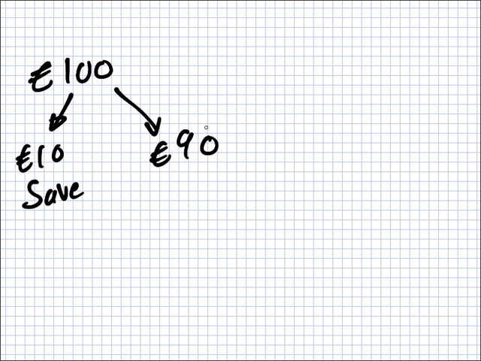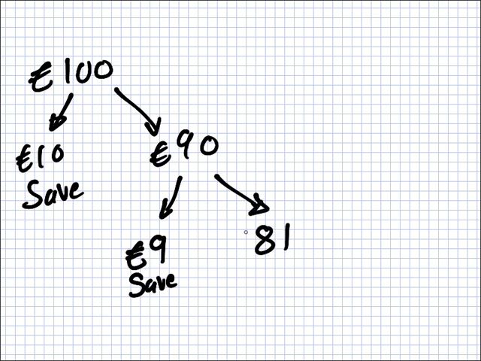Okay, so now he has 90 euros. What does he do with that 90 euros? Well, maybe he keeps 9 euros for himself. He saves those 9 euros. But he decides to spend 81 euros. Maybe Jason gives him Fortnite lessons or something. So he helps you be a better Fortnite player, and you give him €81. Okay.